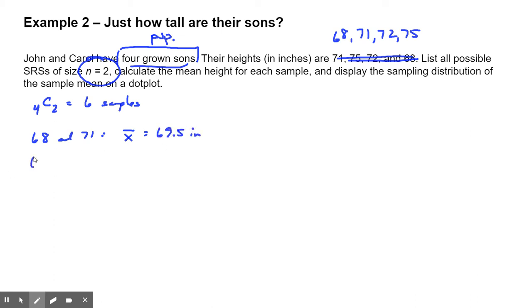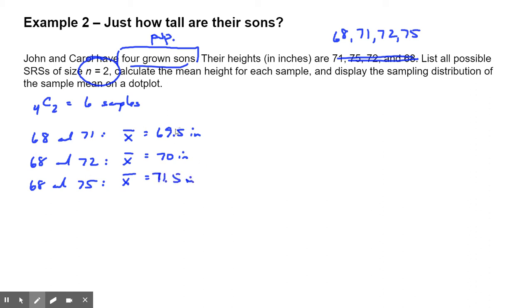Okay, then I'll do 68 and 72. So this sample mean is going to be 68 plus 72 divided by 2. That's 70. Maybe you could have known that that was going to be the middle number. Okay, and then I'll do 68 and 75. 68 plus 75 is 143, divided by 2 is 71.5.